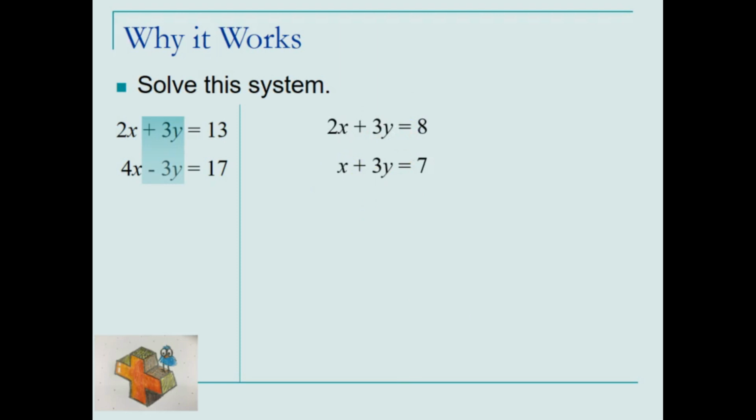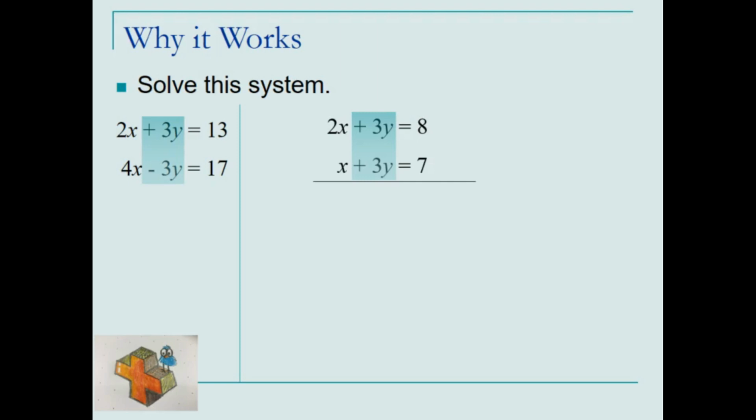Neither one of the variables would cancel out. However, if we choose to pick on the y's, and by pick on the y's, look at a way of eliminating the y's, since they have the same numerical coefficient, all we would need is for one of them to be a -3 so that when added together they would cancel out.